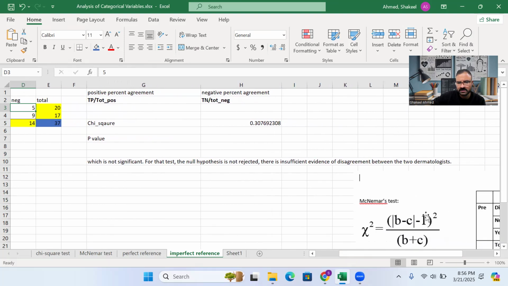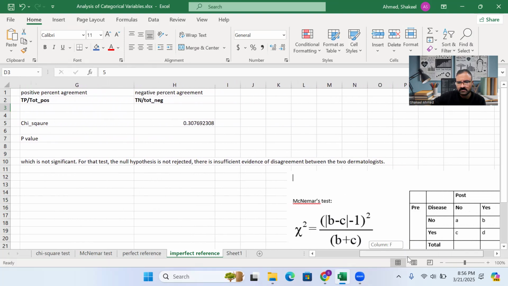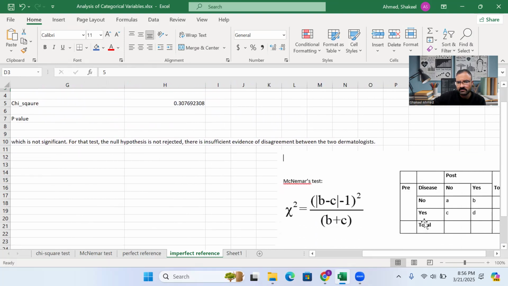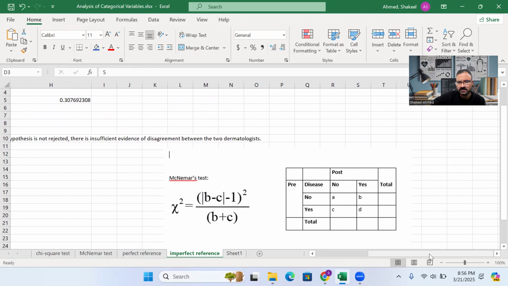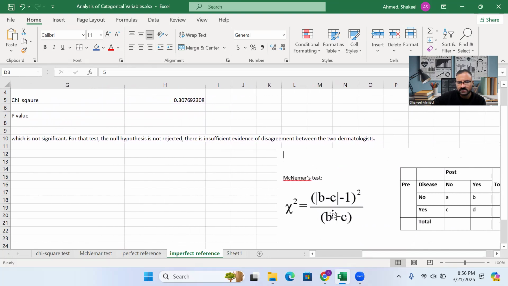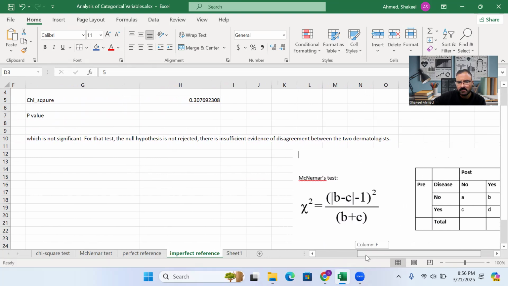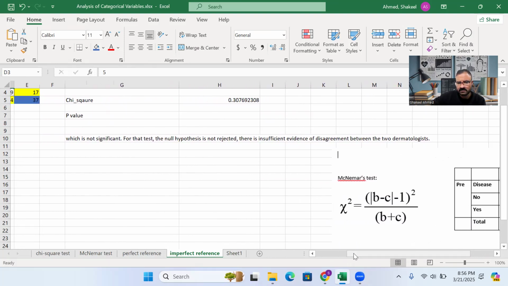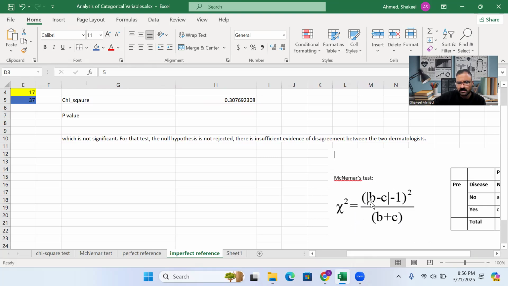This is the McNemar's statistic. For example, we have values like this, A, B, C, D, then McNemar's statistic is B minus C, minus 1, divided by B plus C. This is the McNemar's statistic after adjusting for the continuity correction.